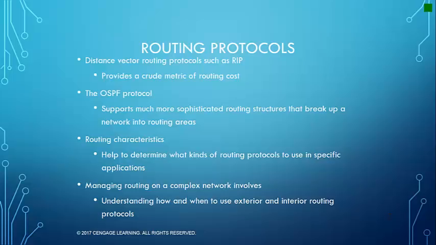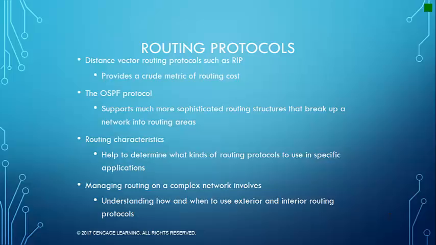Other important characteristics include the information update mechanisms, whether broadcast or multicast, the router advertisements, and how the routing domains may logically subdivide to help manage complexity and reduce router traffic.